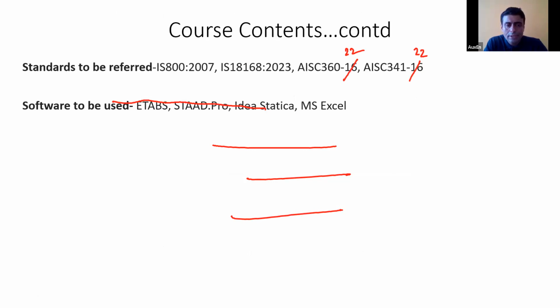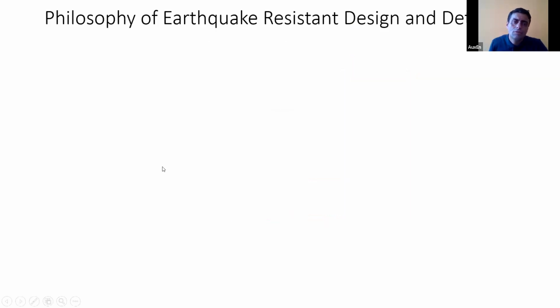So today we have discussed the historical development of these various standards, and what is the scenario when it comes to American standards, and what is the scenario when it comes to the Indian standards. Tomorrow we will start with understanding the basic underlying philosophy of earthquake resistant design and detailing.